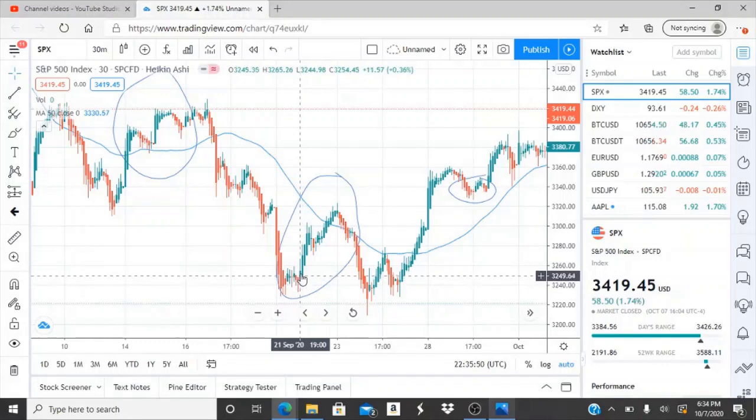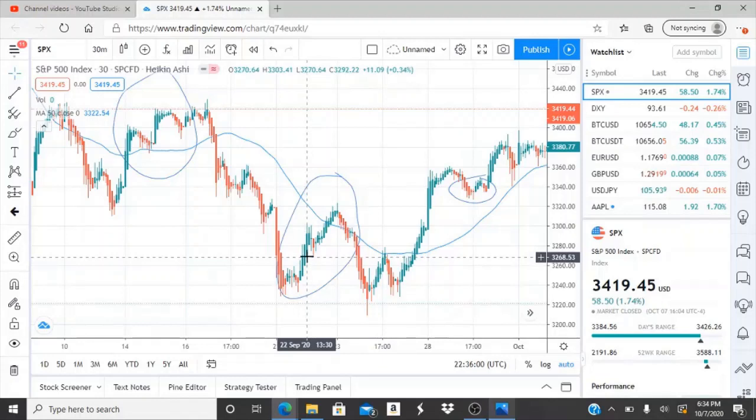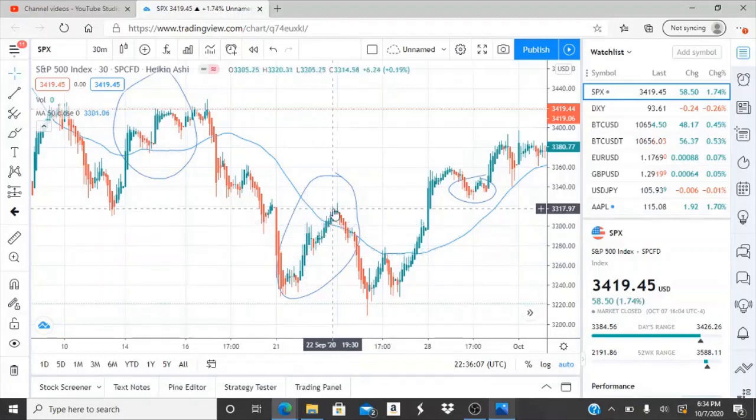On the 21st, which was a Monday, it was rising up, and it rose up to this point here. And the next one was the 22nd. So this is the last 21st candlestick, and this is the first 22nd candlestick. We were at 32.70. This one rose up all the way to this point, the last 22nd candlestick, to 33.19.